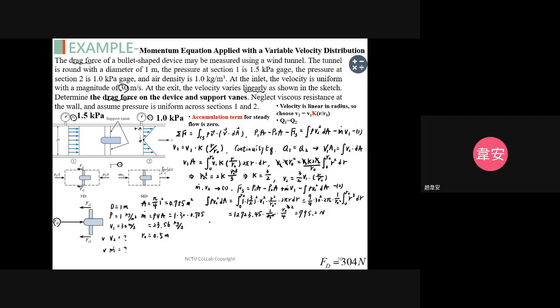So the support force is equal to P1A, where P1 is 1.5 kilopascal, multiplied by the area A, which is 0.785, minus 1.